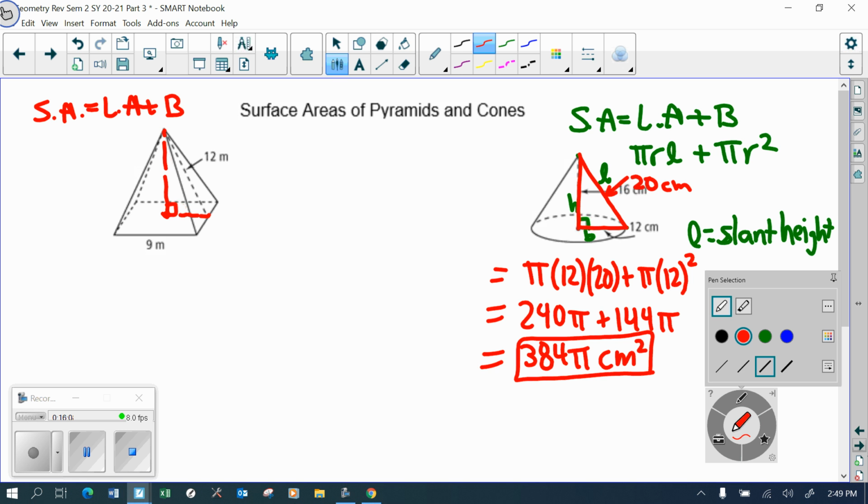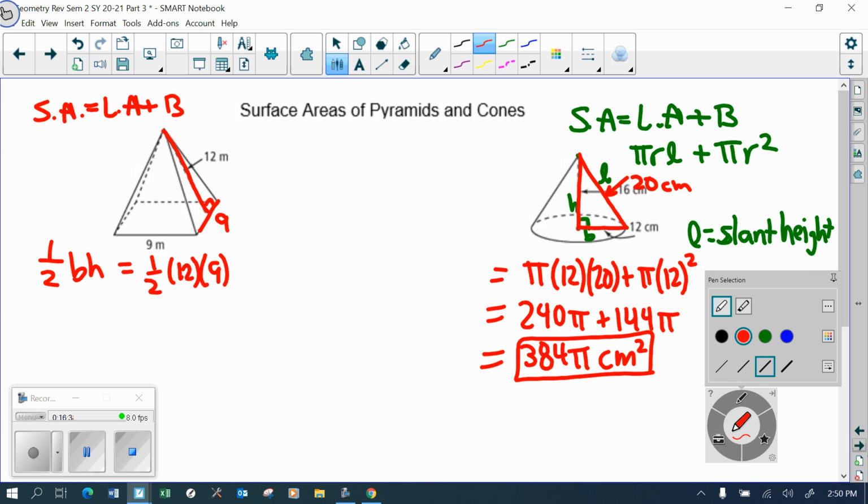All right, so lateral area. On a pyramid, they're all triangles. Okay, and notice they give me the height. So remember, that's 9. That's my 90 degrees right there. That's the altitude of that triangle there. So it's 1/2 base times the height. So 1/2 of the height, 12, times the base, 9.